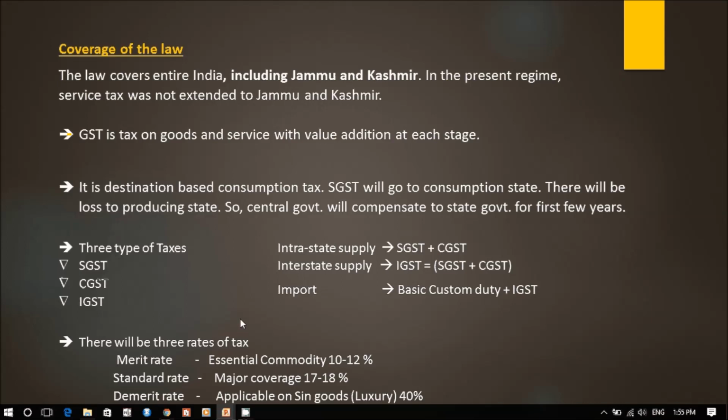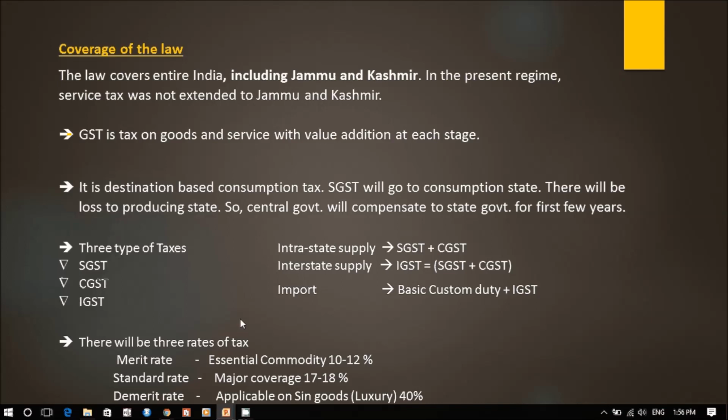So the component of the SGST will go to the state government and the component of the CGST will go to the central government. But when interstate supply happens, then the seller would charge IGST. It's the integrated goods and service tax. So when there is interstate supply, IGST would be levied, and this IGST rate would be the sum of SGST and CGST. It will include both.